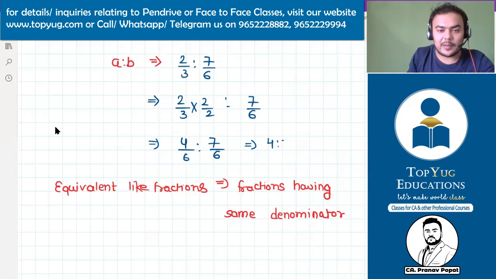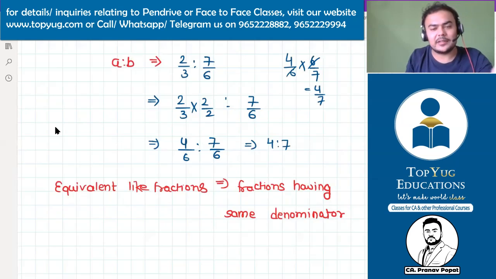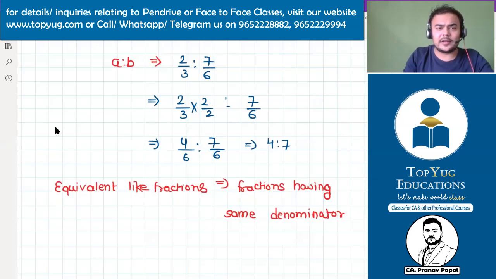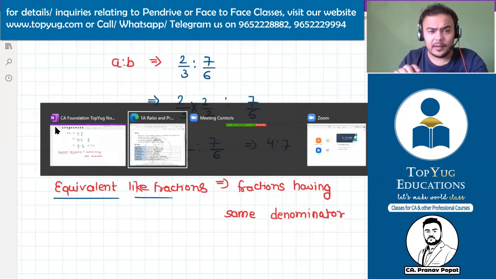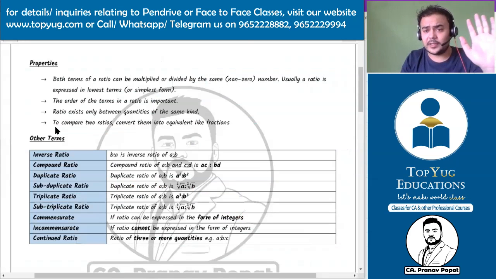Why is this happening? Because if you write 4 upon 6 into 6 upon 7, 6 and 6 will cancel and you will get 4 by 7. That's the simple logic behind it. Just technically you need to understand what is the equivalent like, so that you never get confused. Okay. Now, I don't think any doubts in the properties, guys. No doubts in the property, right? Thumbs up.